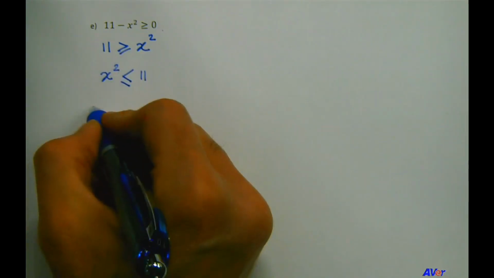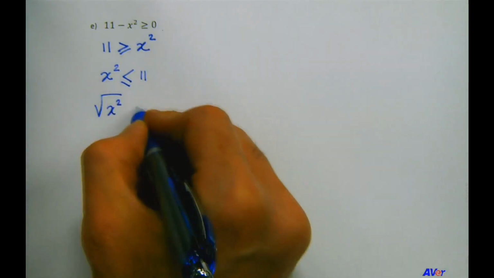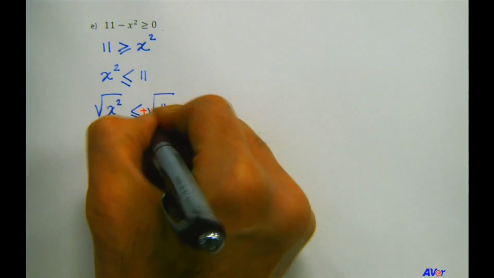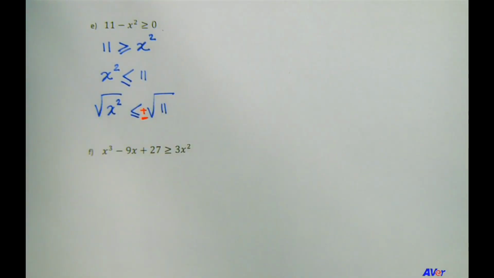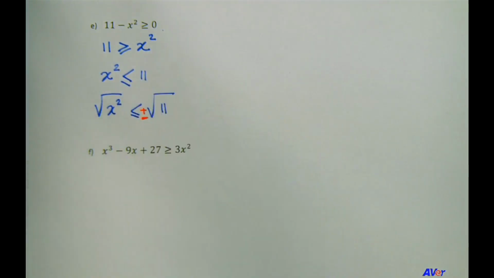Now let's take the square root of both sides. But now we have plus or minus square root of 11, right? By the square root property. As long as the other side does not represent distance, radius of a circle, or some kind of distance, it must be plus or minus.